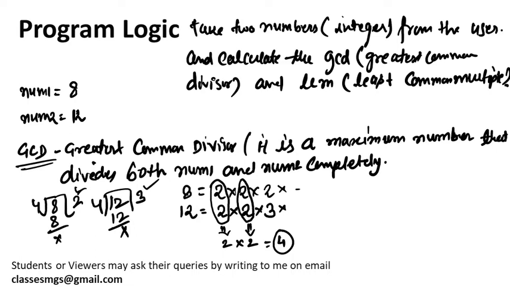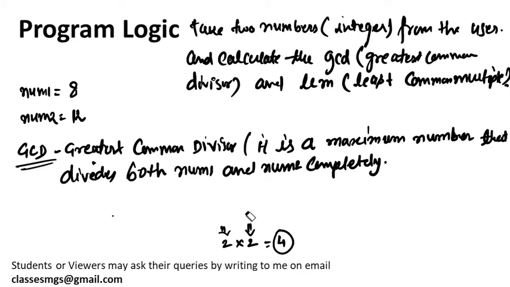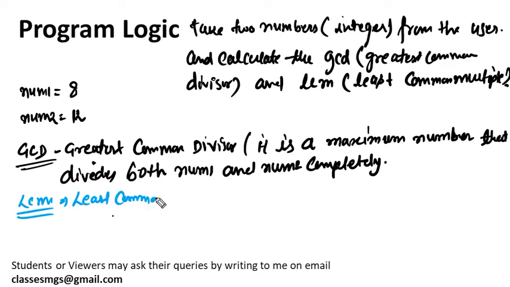Now what is LCM? How to calculate LCM? I am going to explain what LCM is first, and then we will see an example of how to calculate it. So I am going to write LCM now. LCM is least common multiple.